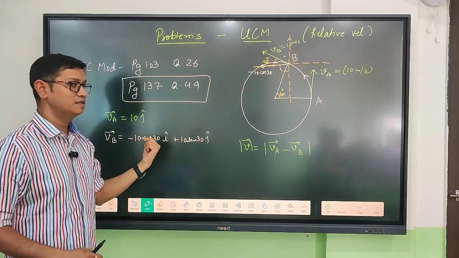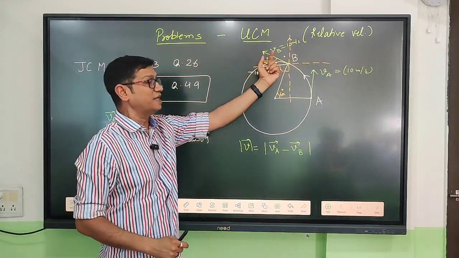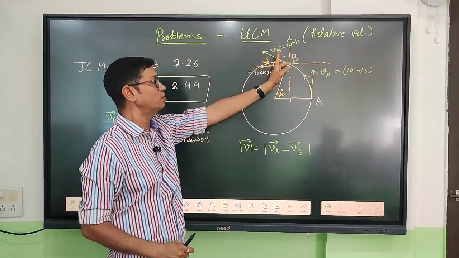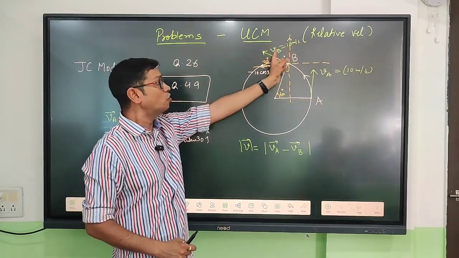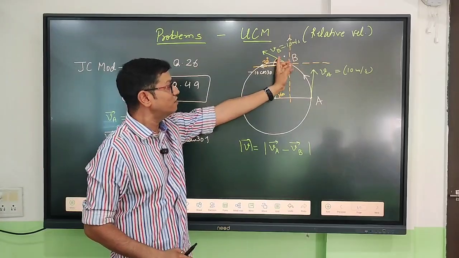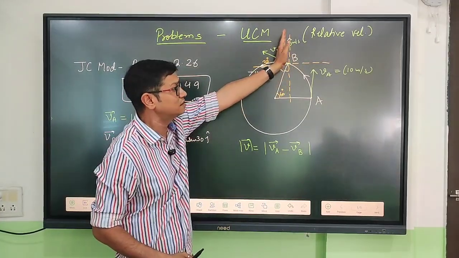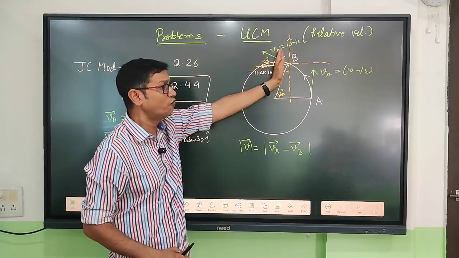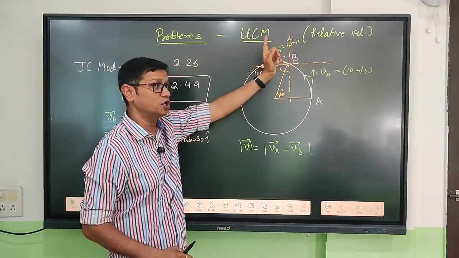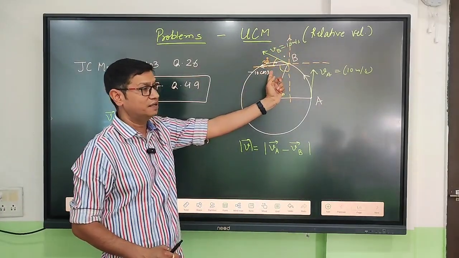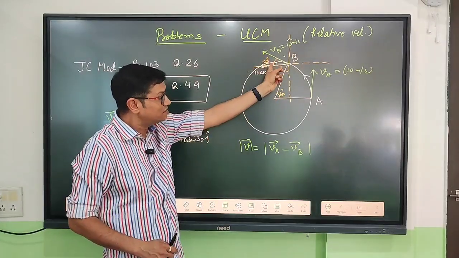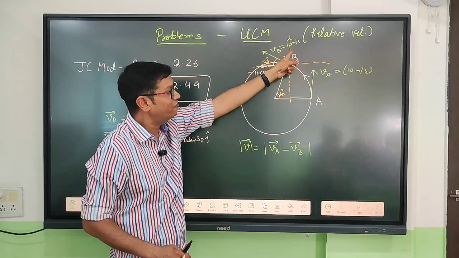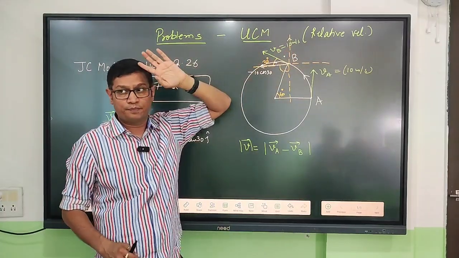This will be sin 30. So sin 60. So your answer will not change from whatever angle you are doing the component from, because you got to remember the component along the axis through which the angle is taken is cos, and the other one is sin. I have taken this angle. So component along this angle would be cos 30, and that would be sin 30. Clear?